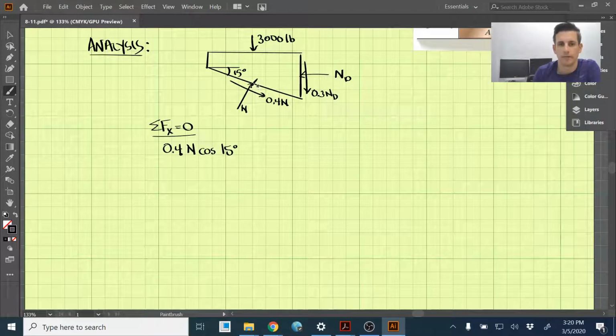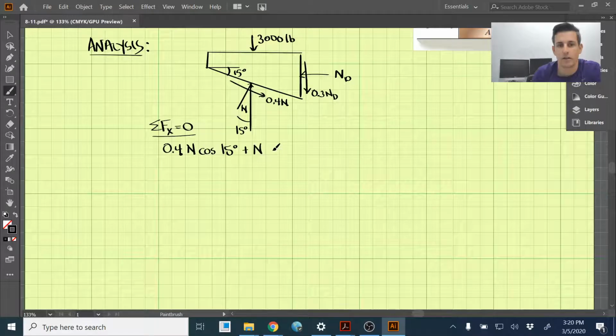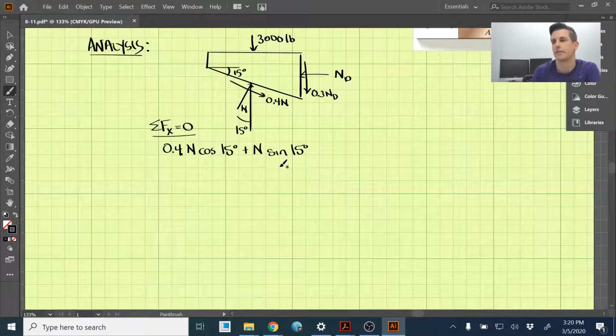From vertical here, this angle between this force is also 15 degrees. So that is going to be plus N sine of 15 degrees.